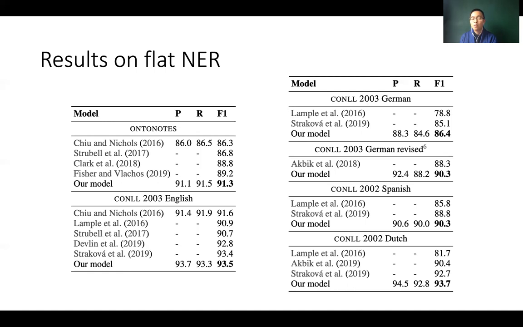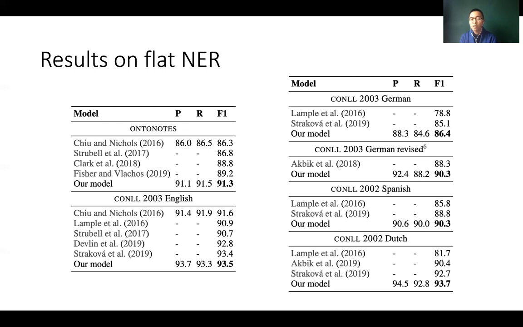Although OntoNotes is more complicated, and previous systems work well on the CoNLL shared task data, they usually worked slightly worse when evaluated on the OntoNotes data. However, our system seems not to be affected that much by the differences.